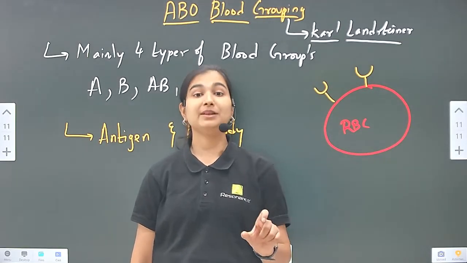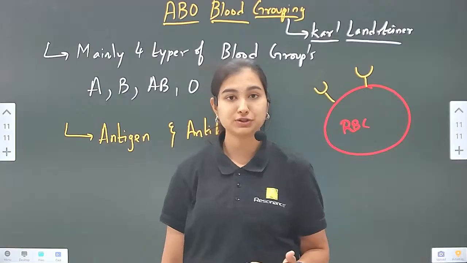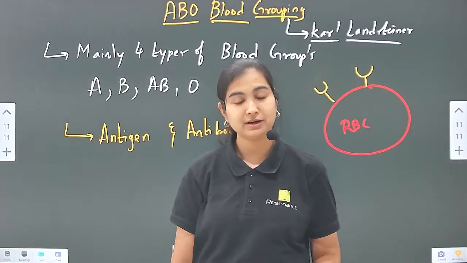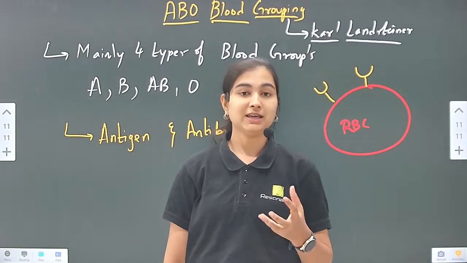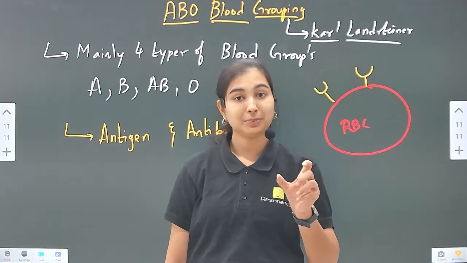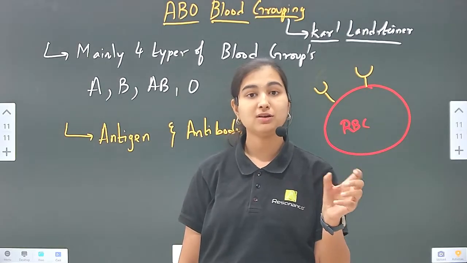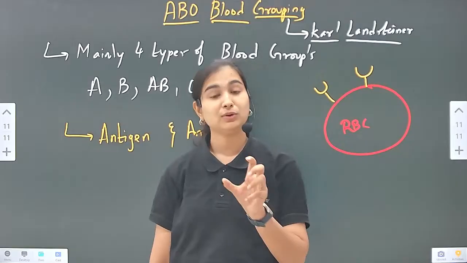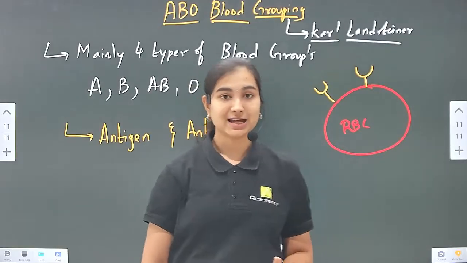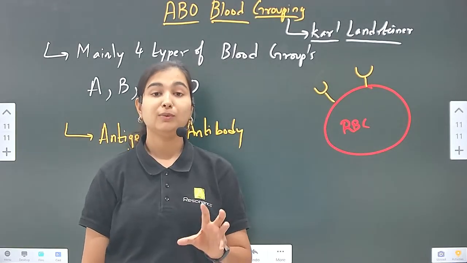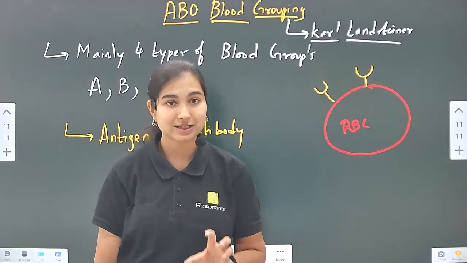In the similar way, when we talk about blood transfusion, even in this blood transfusion, only the one who is suitable or compatible can donate. Now what exactly is an antigen? Antigen is something which is present on the cell surface.